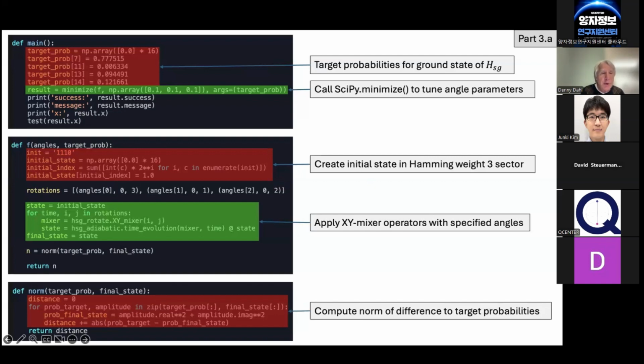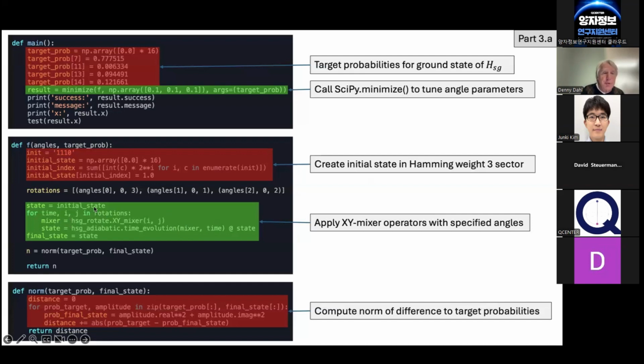And then you see here a little loop where I go through the 3 different rotations, and I apply the XY mixer, which is actually defined in a separate module called HSG rotate. And then once I build the mixer operator, I apply time evolution through a time, and that time is just exactly the angle corresponding to that mixer operator.